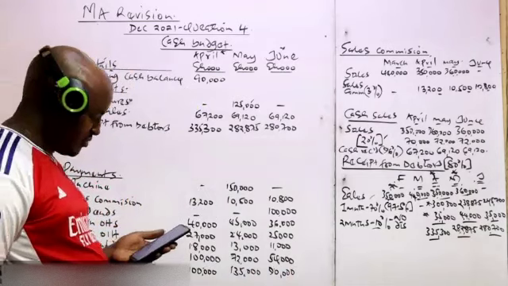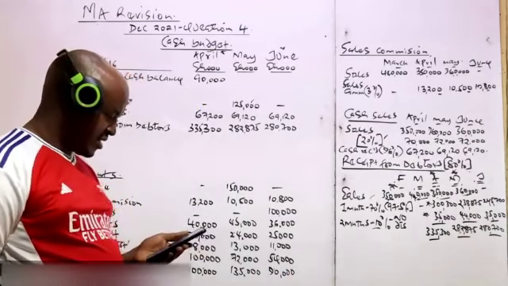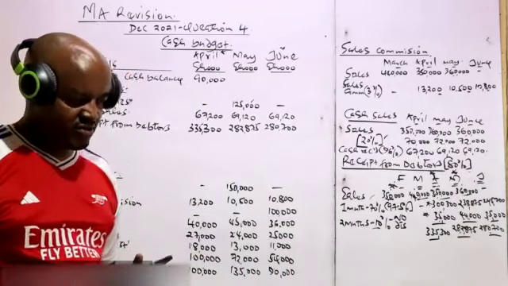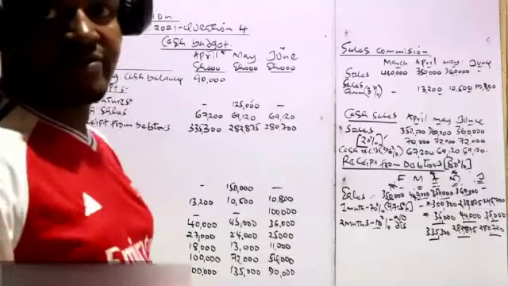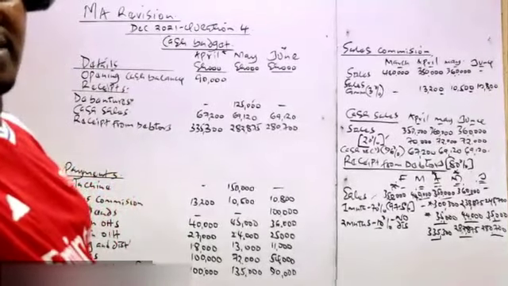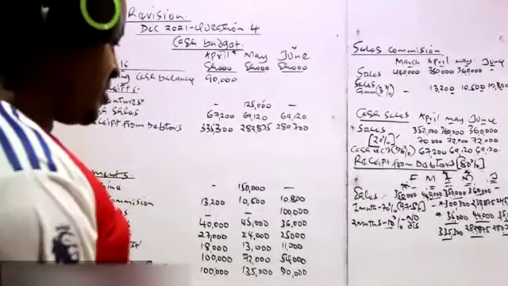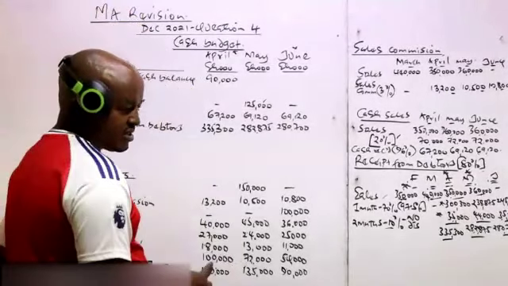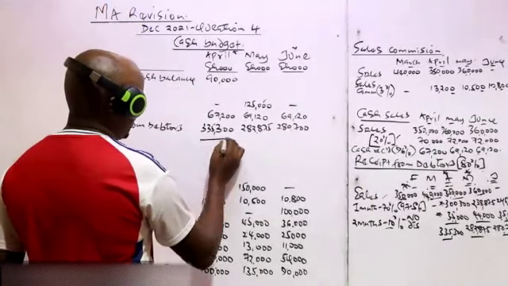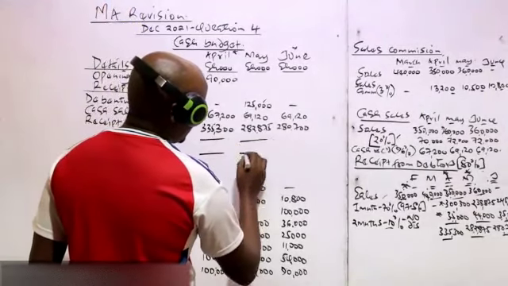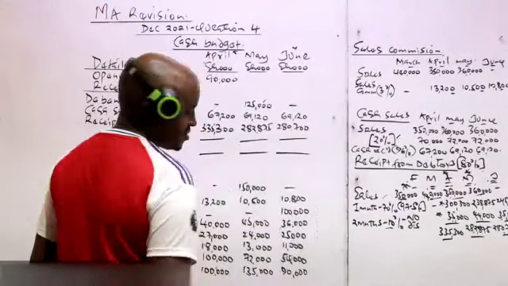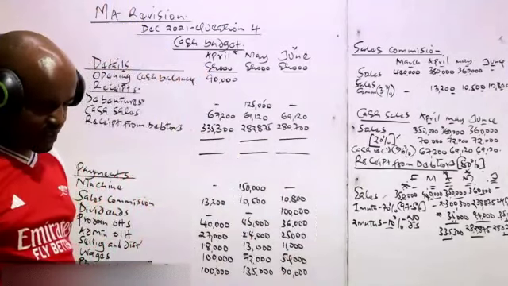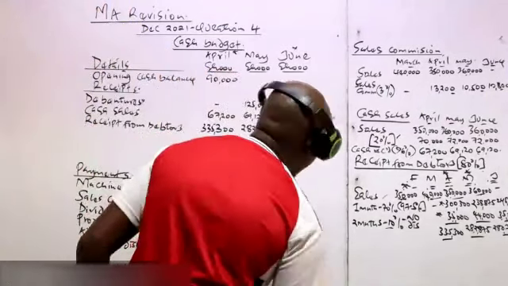Yes, and I think in our case we are done. We have captured everything here. What is basically remaining is for us to get the totals so that now we can get the cash balances.